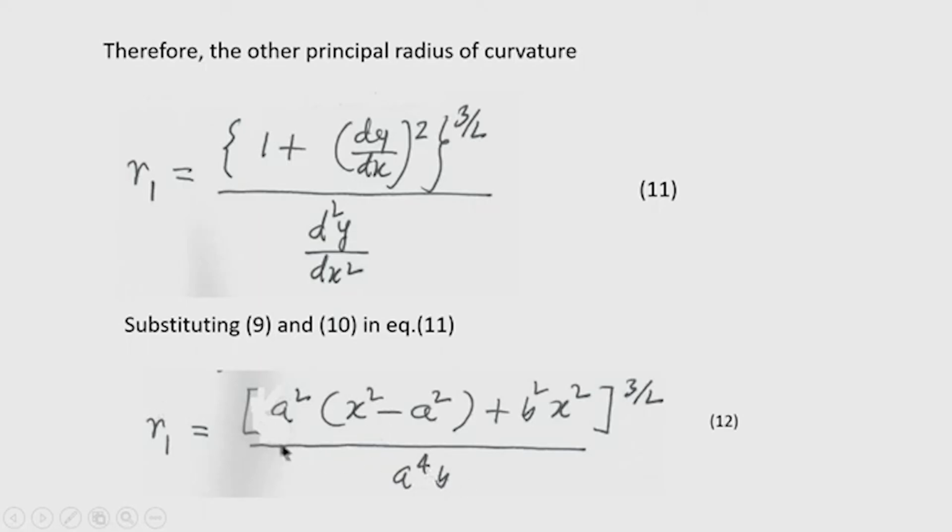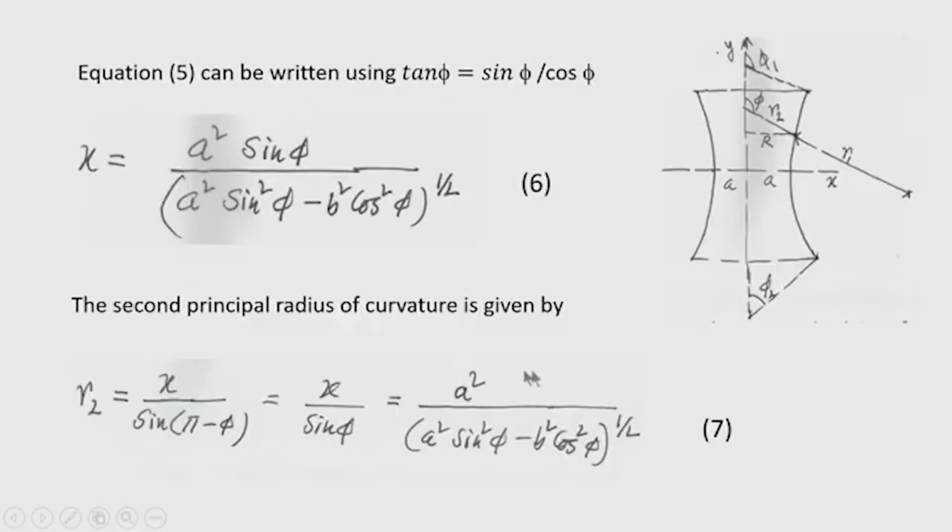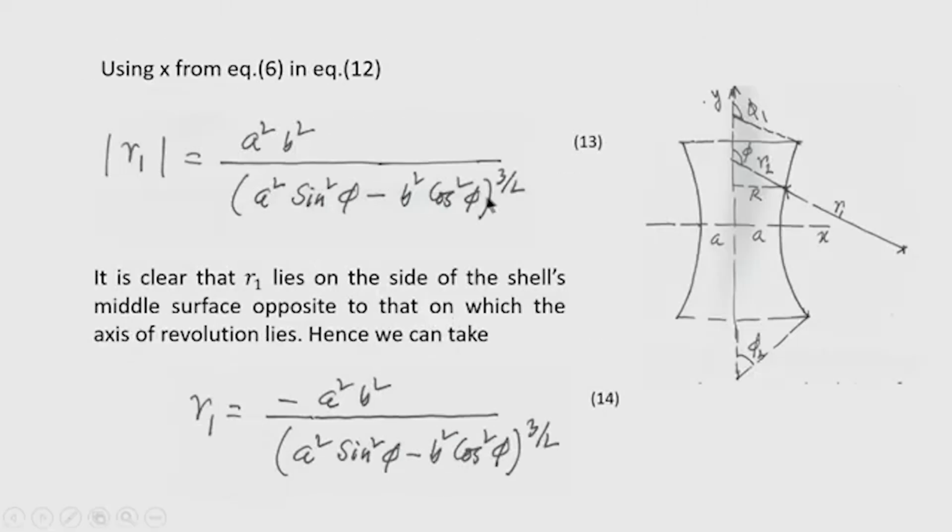Okay. So, we have obtained r 1 the first principal curvature and r 2 the second principal curvature. So, the product of 1 by r 1 and 1 by r 2 will give you the Gaussian curvature. Since r 1 is to be given a negative sign, because r 1 lies on the side of the shell's middle surface opposite to that on which the axis of revolution lies, the center of curvature of the hyperbolic curve at this point will lie on the opposite side.